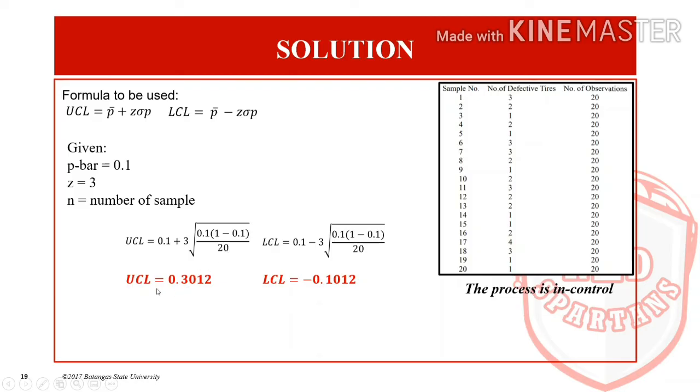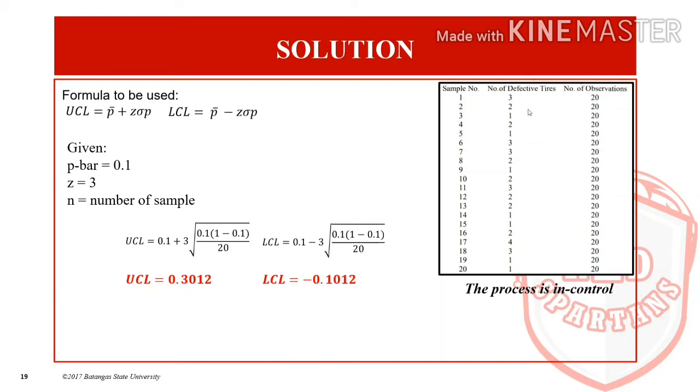So makukuha yung UCL is 0.3012 and yung LCL is negative 0.1012. So sabi ko nga wala tayong negative na LCL kaya 0 ang ating lower control limit. So 0 to 0.3012. So i-check mo lang dito kung meron bang lumabas sa ating control limit.